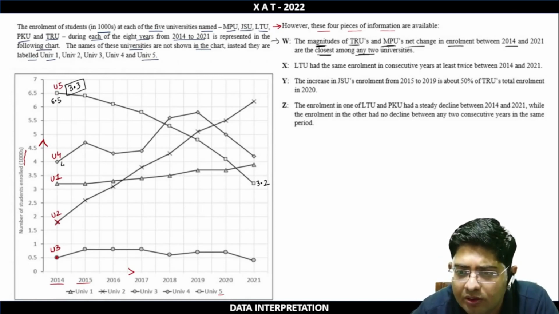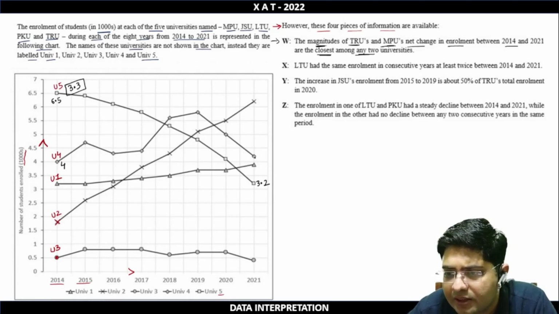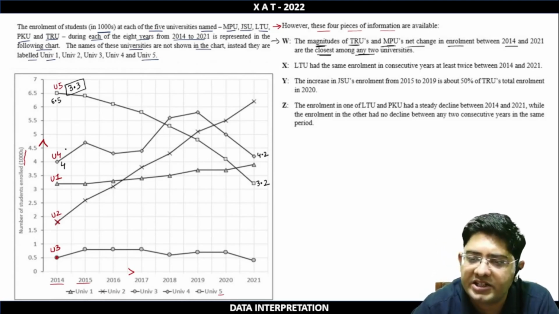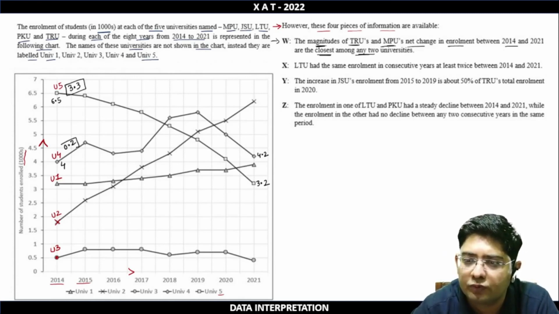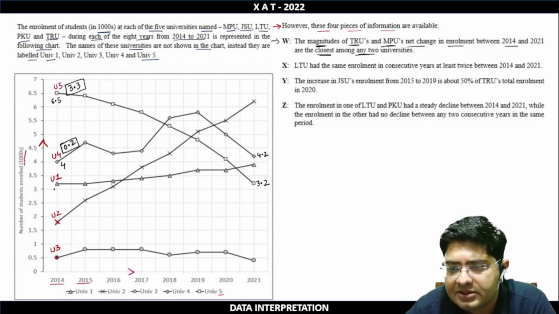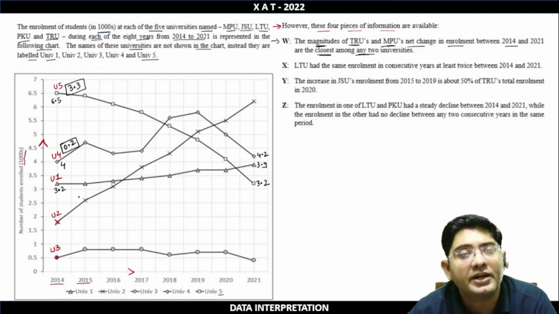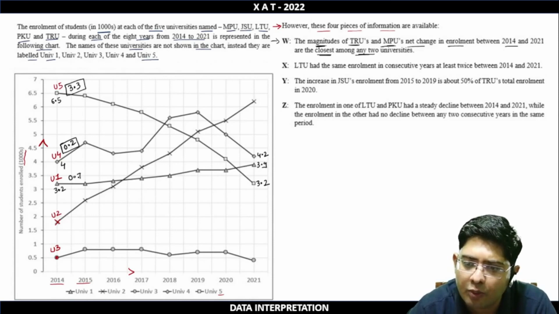University 4 enrollment is 4, and it is something like 4.2 in 21. So net change is 0.2. Okay. Next, University 1, that is 3.2, and it is going till 21 at 3.9. Okay, so the net change is 3.9 minus 3.2, that is 0.7.